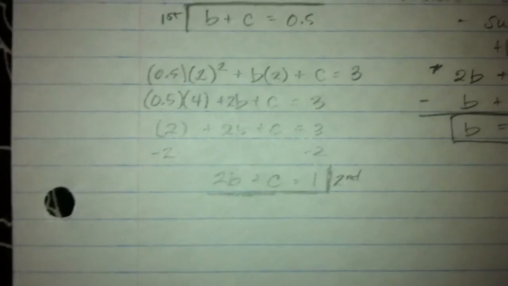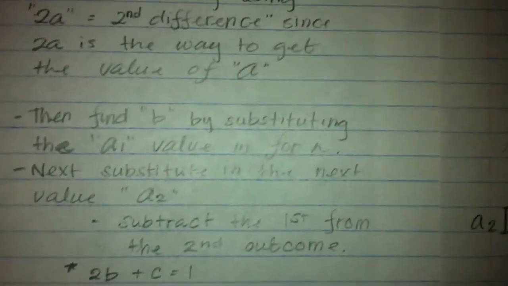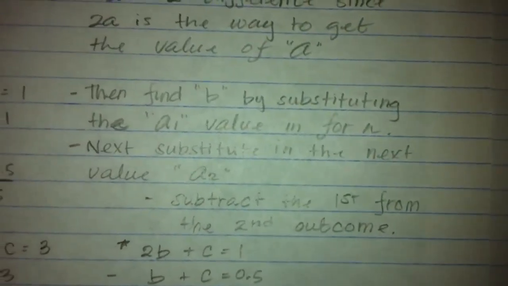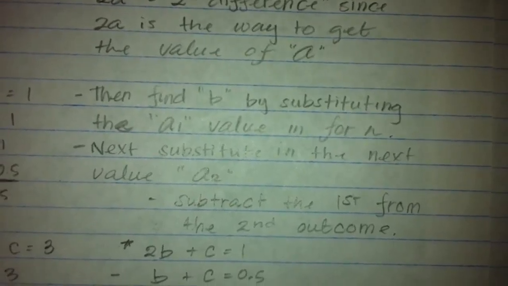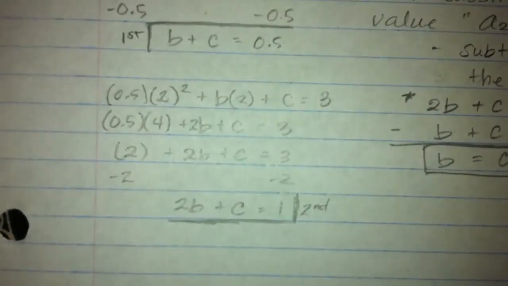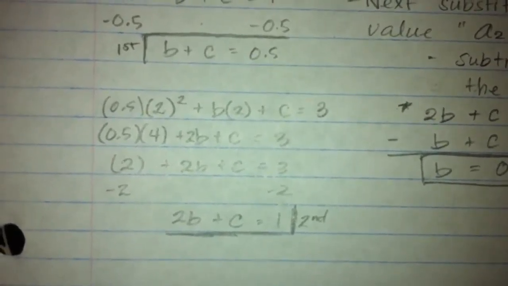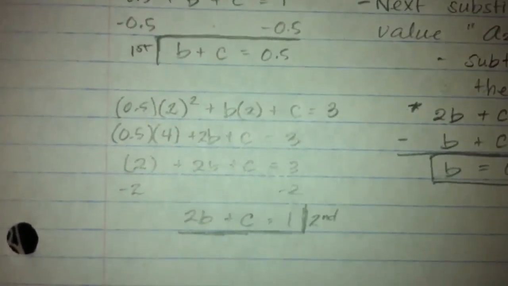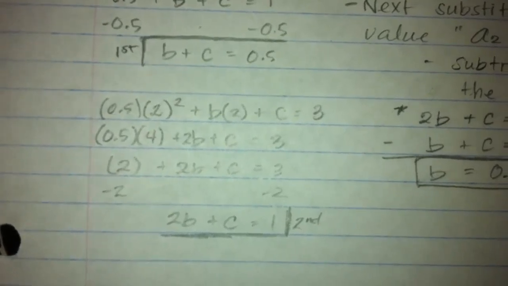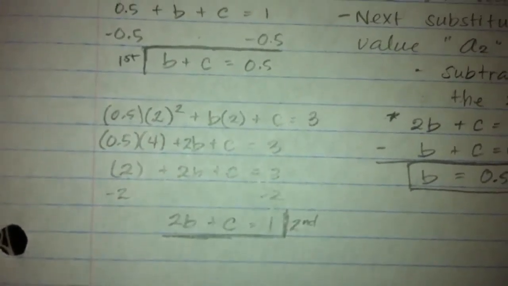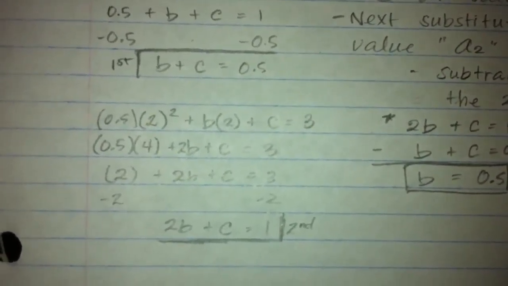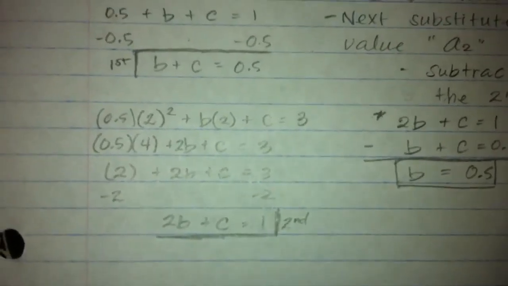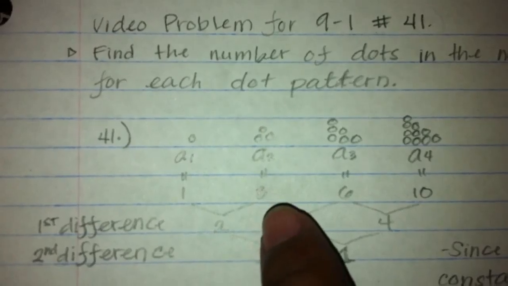Then when the a value, n equals the 2, so we substitute the 2 in for all the n values. 0.5 times n, which is now 2 to the second power, plus b n, which is now 2, plus c equals 3. The 3 is the a2 value, which is here.